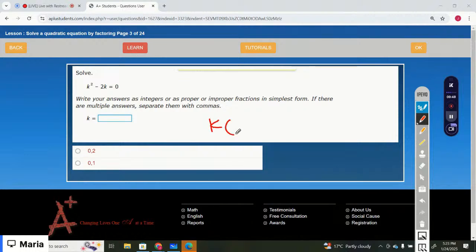That is k minus 2 equals 0. So either k equals 0 or k minus 2 is 0. So k equals 2. So we have two values for k. They are 0 and 2. Option number 1 is the correct option.